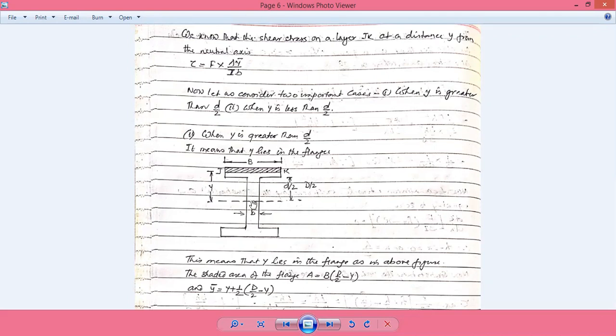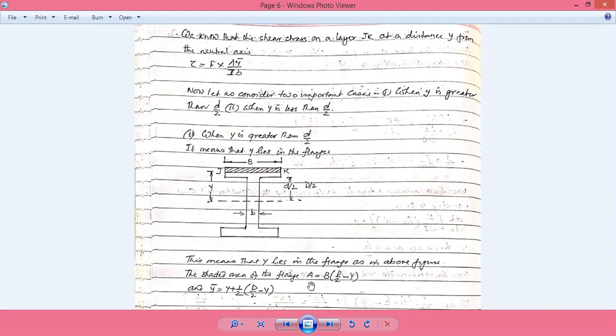First, y is greater than half of the depth, and next is y is less than half of the depth. This means that y lies in the flange as in the above figure. It is on the flange itself, not on the web itself. So y lies in the flange here, from here to here, and the shaded area.